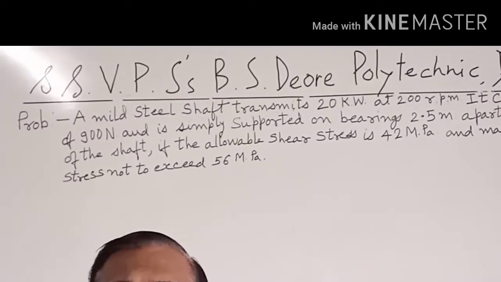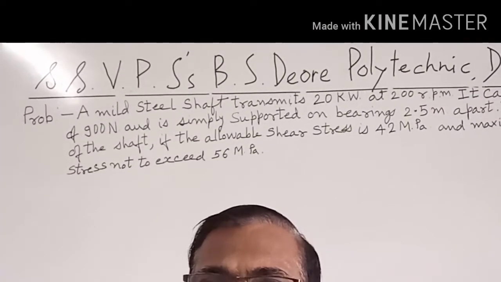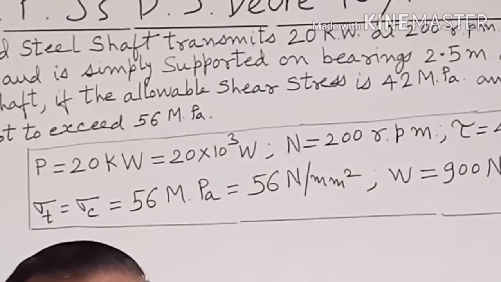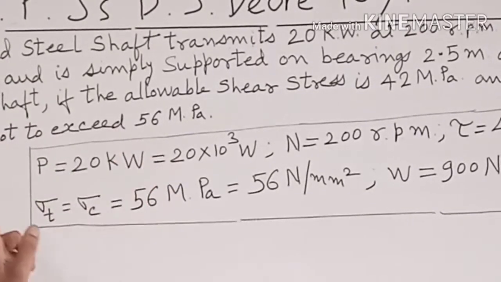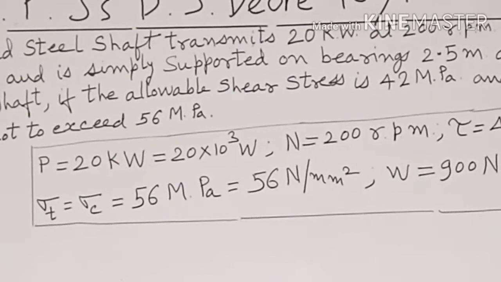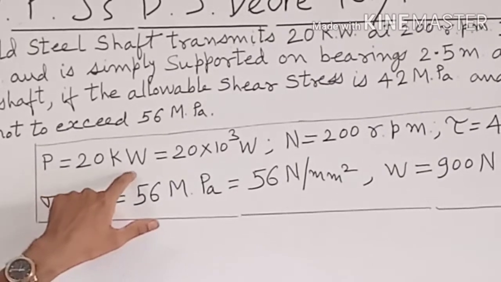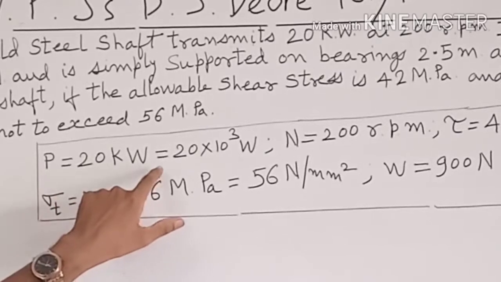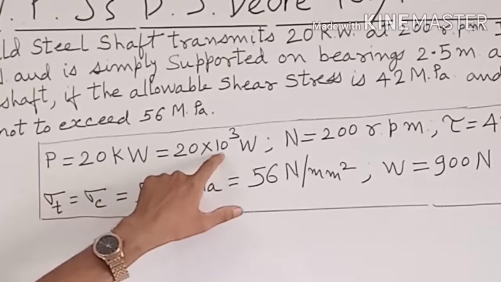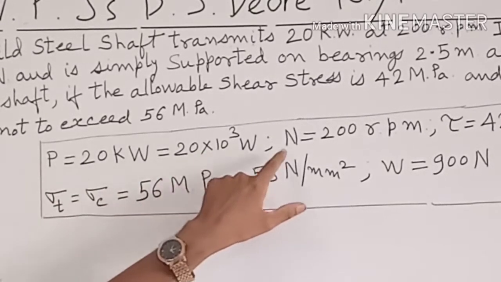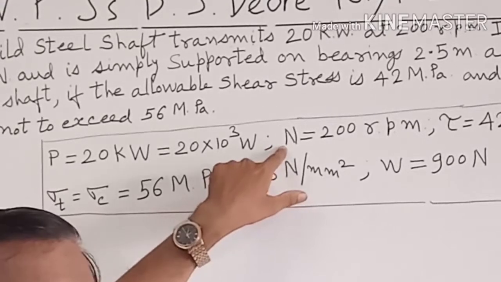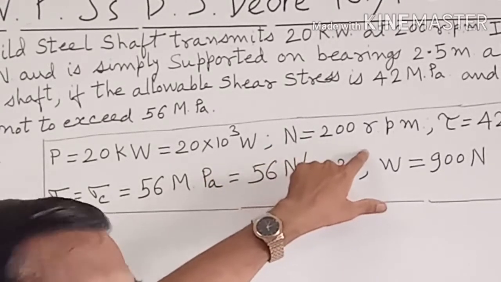So first of all we will write down the given data. Power P is equal to 20 kilowatt, that is equal to 20 into 10 raised to 3 watt. RPM N is equal to 200 RPM.